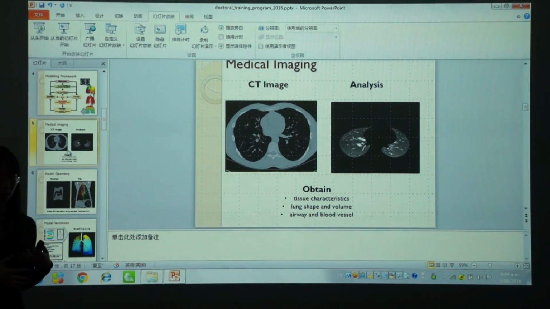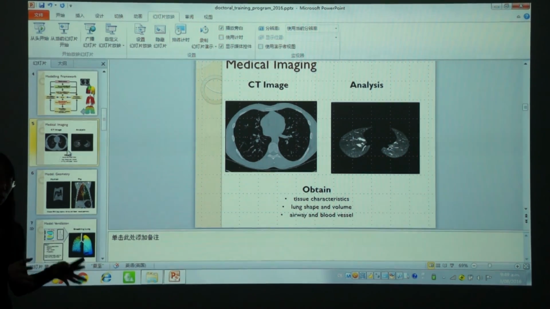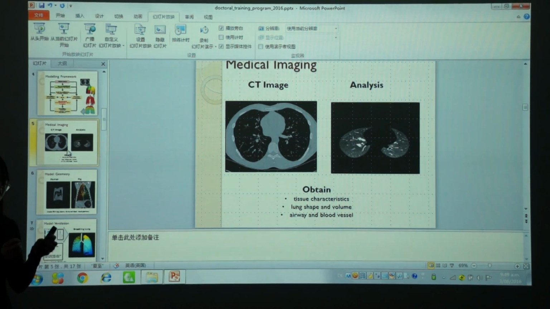Then we use a complicated computer algorithm called a growth algorithm. Starting from this baseline, which is exactly based on CT, we grow the lung downwards towards the peripheries where we think the alveoli are located, and we make sure we expand the whole lung.